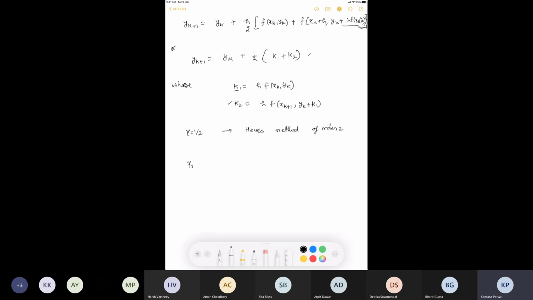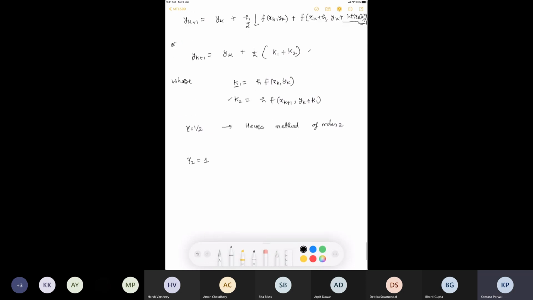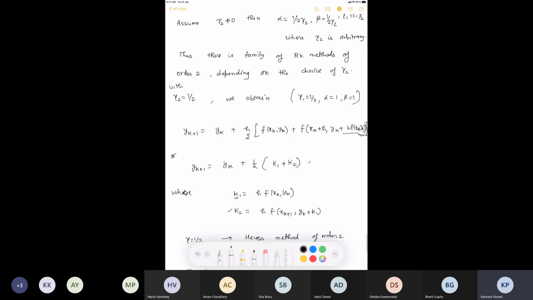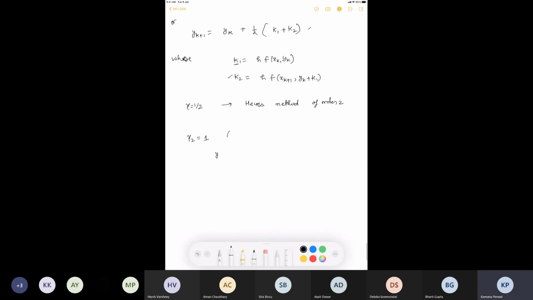Right? Now let's take one more choice of gamma 2. So let's take gamma 2 equal to 1. If we take gamma 2 equal to 1, what is the method we are going to get? Note that gamma 2 is 1, so gamma 1 will be 0. For this choice, gamma 1 will be 0, alpha is going to be 1 by 2, and beta is also going to be 1 by 2.